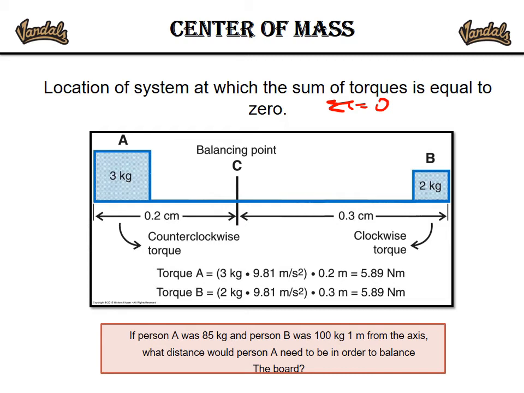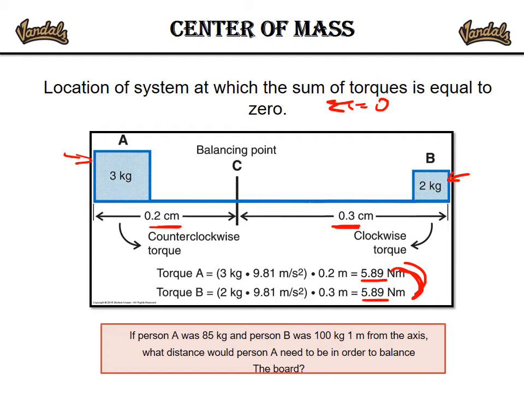But here's an example. Say we had a long board, and we had two different masses, a 2 kilogram and a 3 kilogram mass. You can calculate the distance that each of these needs to be to create a balanced torque. Remember, here's the torque each of them creates in order to be balanced.